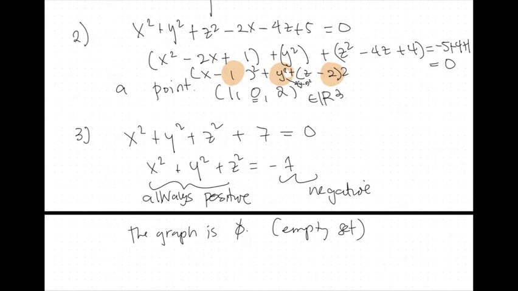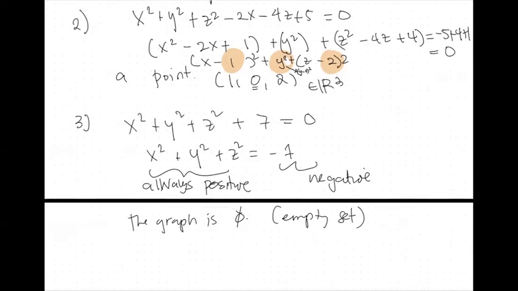All right. Finally, we will go to a cylinder in R3. So here, a cylinder is just a surface generated by a line.